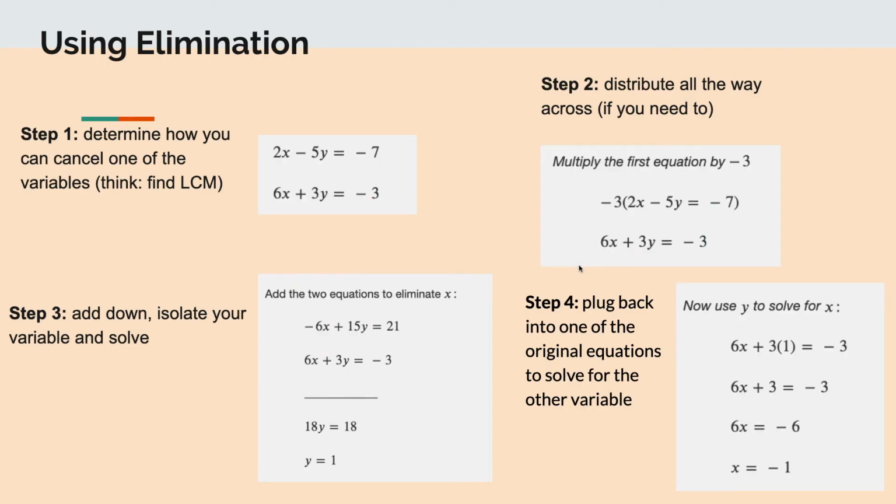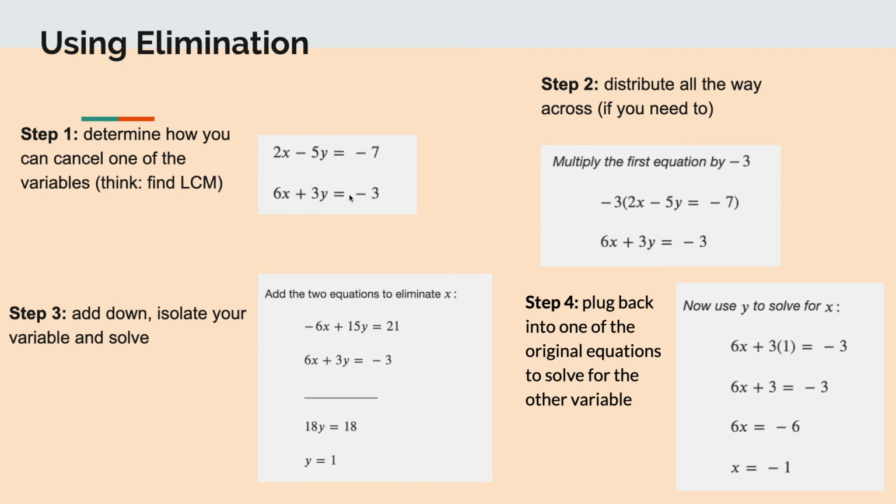Elimination requires that you put the two equations over each other, and you think about what you want to multiply one of the equations by so that when you add the equations together, one of the terms disappears. In this case, we have 2x minus 5y equals negative 7 and 6x plus 3y equals negative 3.